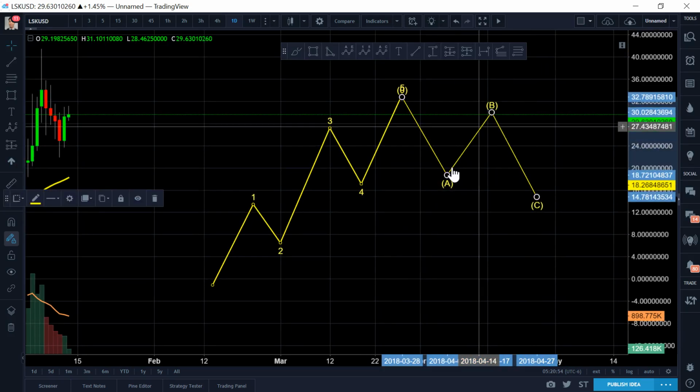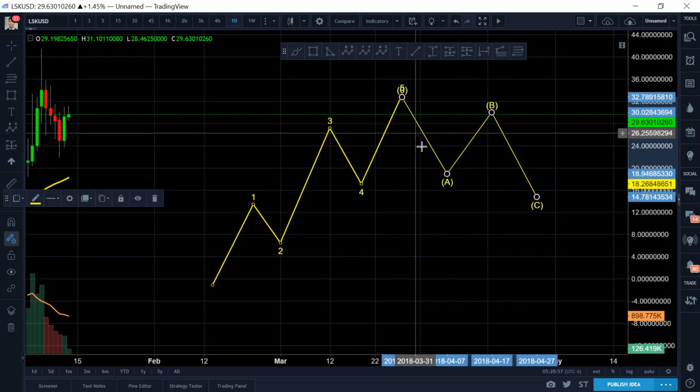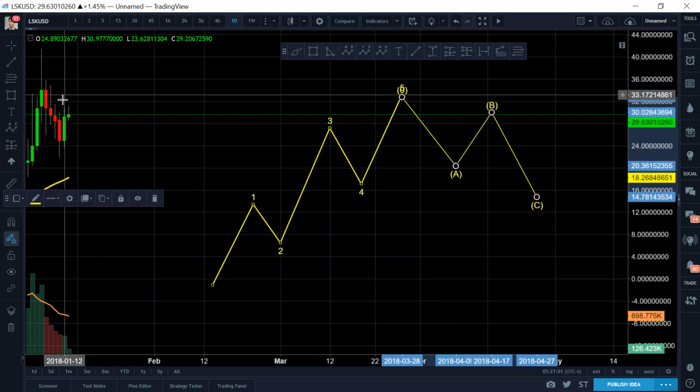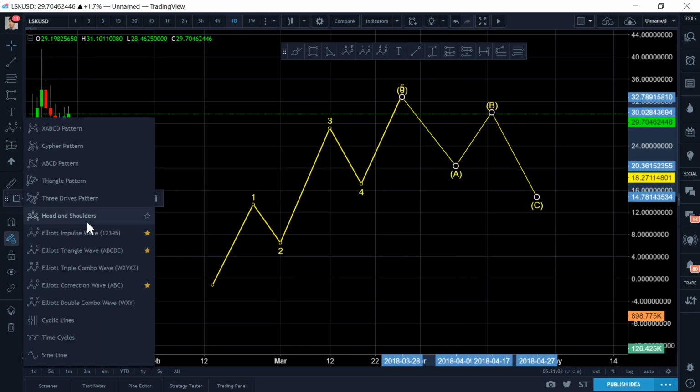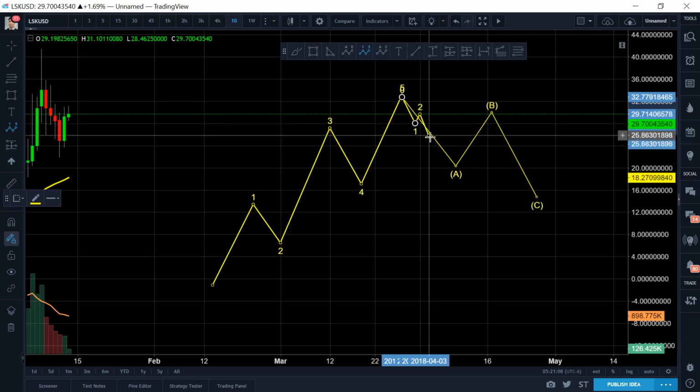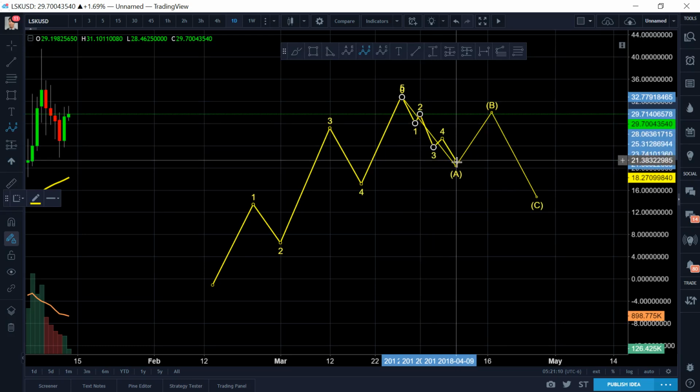C can fall anywhere, but the first thing that we try to do is try to count 5 waves coming down. Because in the A wave coming down here, we usually see a zigzag. And a zigzag comes, don't mind the slope, 3, 4, and 5.